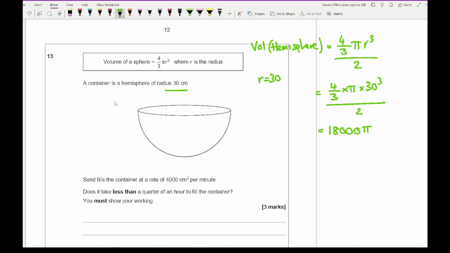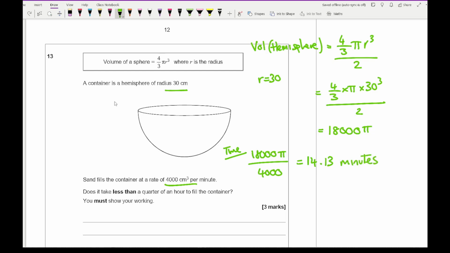So then the next thing for me to do is work out the time. Now it tells me that the rate is 4,000 centimeters cubed per minute. So in terms of the time, it's going to be 18,000 pi divided by 4,000, because I want to work out how many minutes there are. And that gives me an answer of 14.13 minutes.